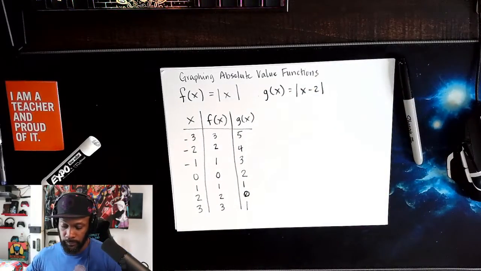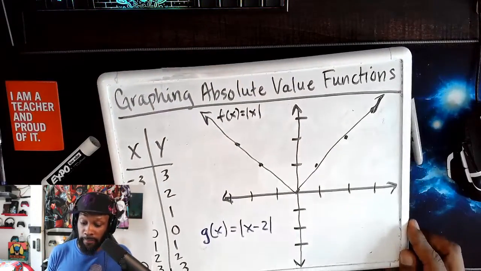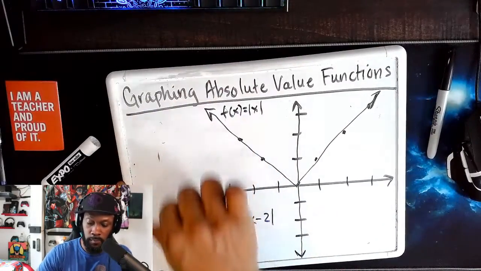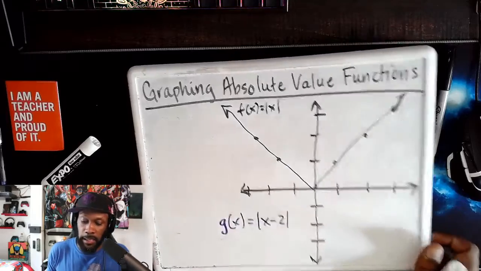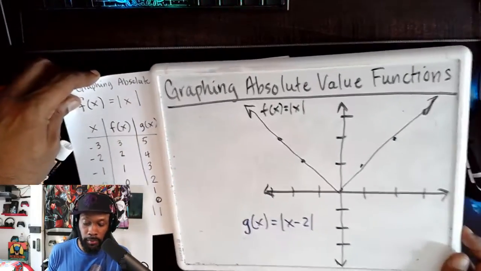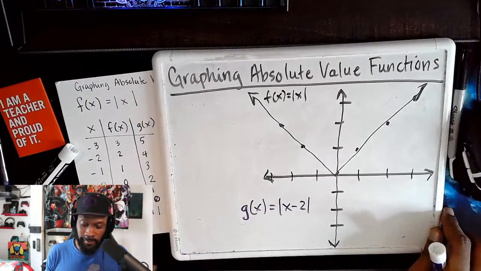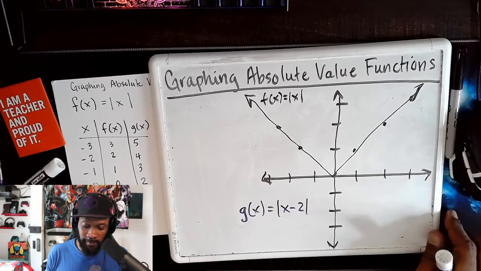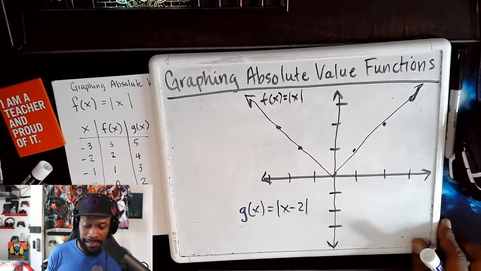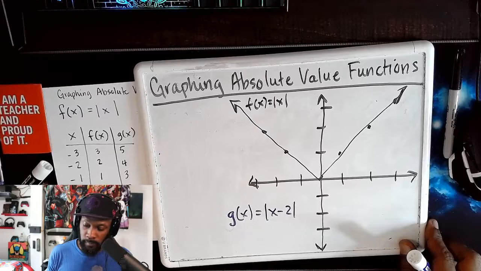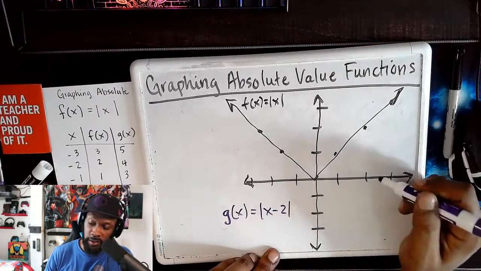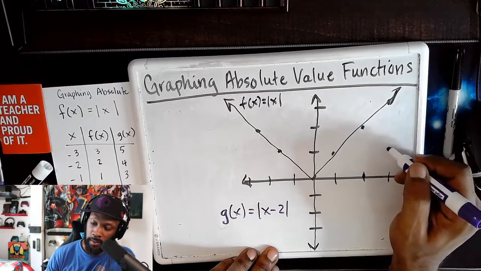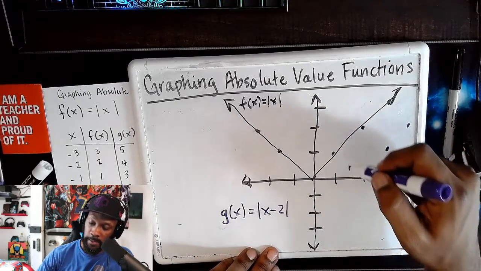Now, I'm going back over to my graph. If I just cheat a little bit, essentially what's happening is that if you were to graph this, the graph should look something like this.